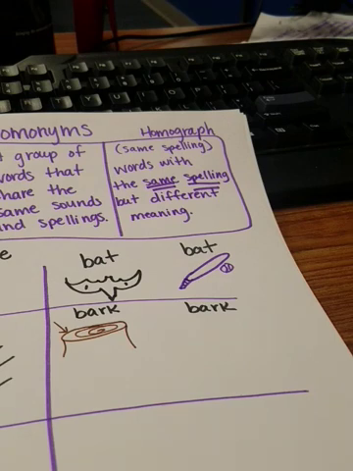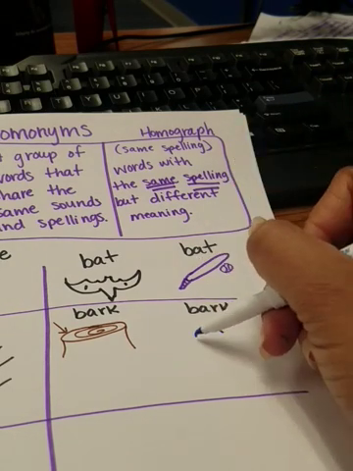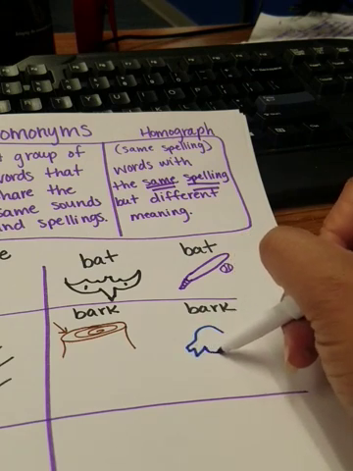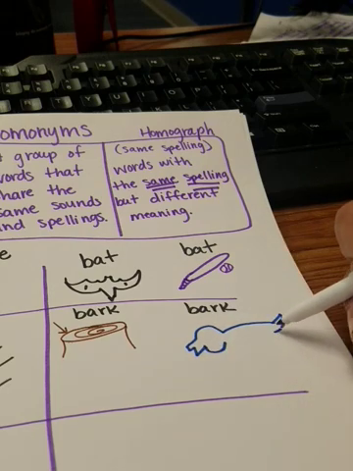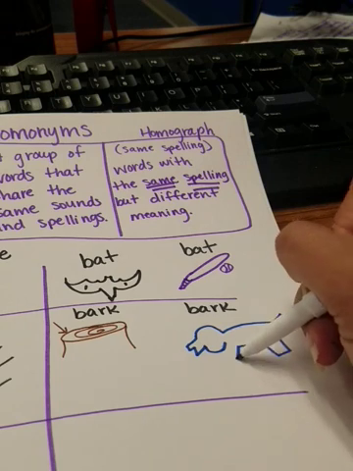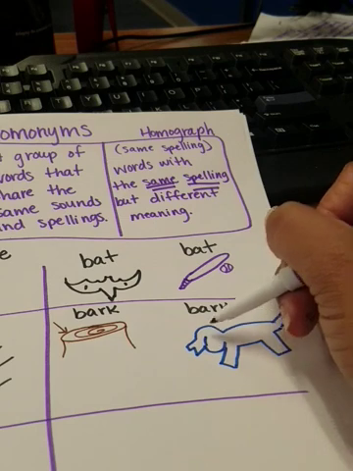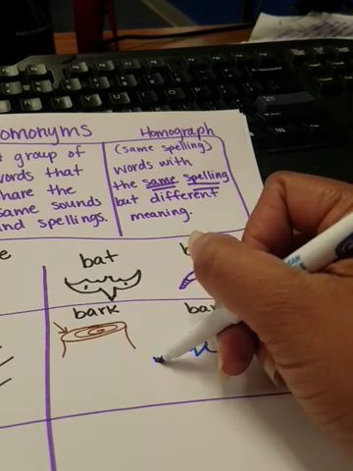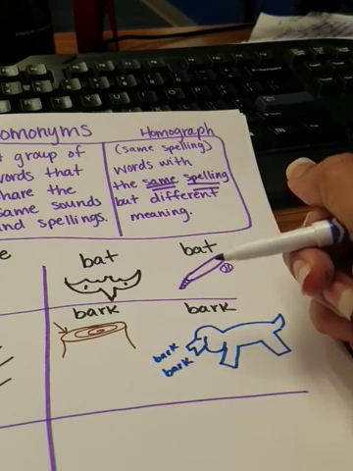Okay, so let me draw a dog barking. And mine's going to be a little blue dog. And he's speaking. Okay, so here's my dog. And he's saying bark, bark.